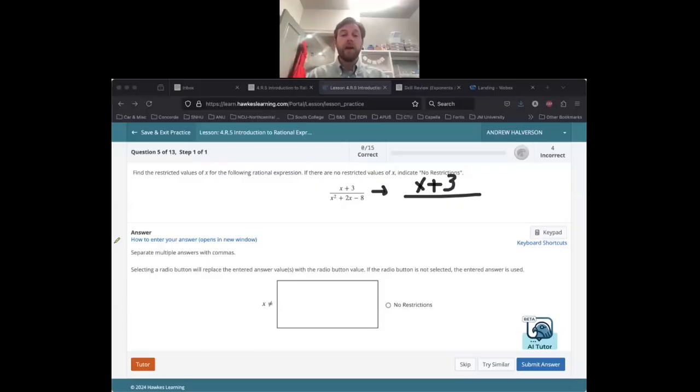Like Addie did last week, you can use the AC method on this. It works just fine. What are the factors of -8 that will add to give you +2? Those factors are +4 and -2.